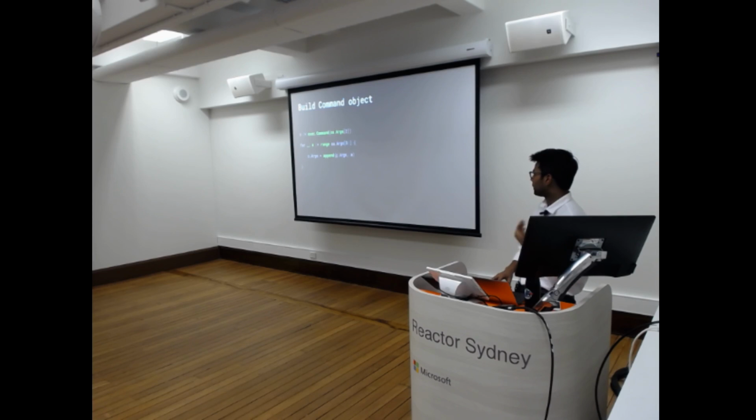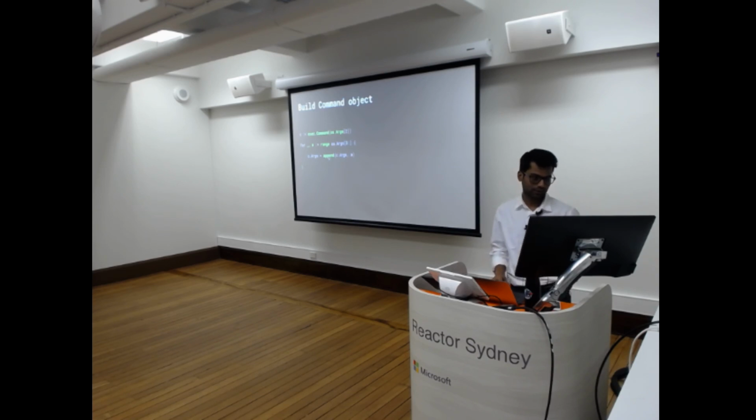So you construct the command object first, and then how do you specify the arguments for the command? What you do here is iterate over all the arguments from the third item of the os.Args slice, and then append. Append is a function that you use to add items to a slice in Golang. c.Args is the slice of arguments that your command will be called with.